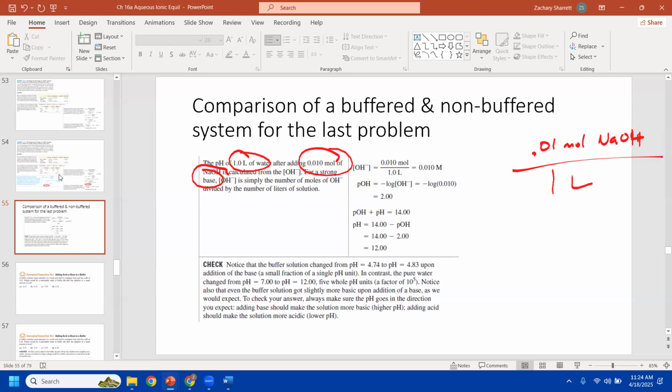What is it? It's just 0.01 molar. If we know that it's 0.01 molar in OH minus, can we calculate the pH of this solution? How do we do that, Molly? So this is a strong base. How do we calculate the pH of a strong base solution? Any thoughts?